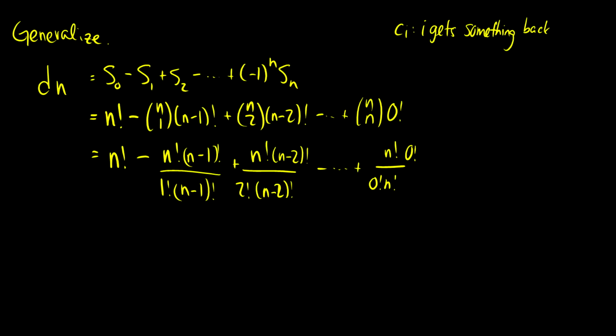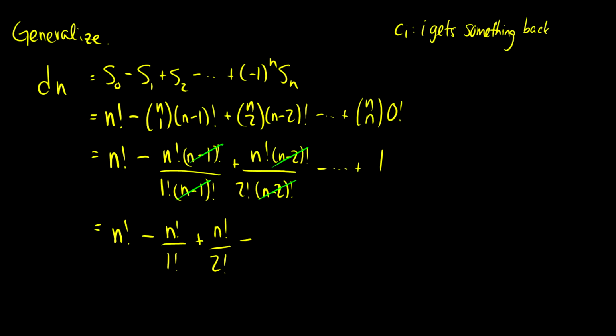Okay, so we have this now, which is good because we can start doing some canceling. I'm going to leave the last term out because it's just equal to 1, so we'll leave it as 1 there. So we have n factorial minus, okay, what cancels here? This cancels, this cancels, so we have n factorial over 1 factorial remaining. We add the next term, where n minus 2 factorial cancels, so we're left with n factorial over 2 factorial.